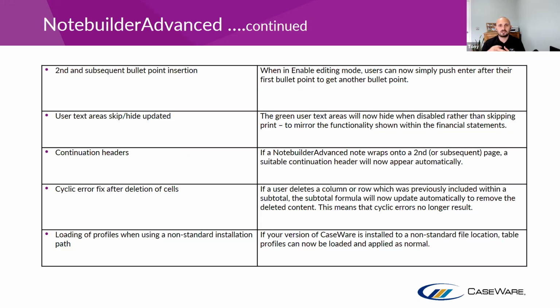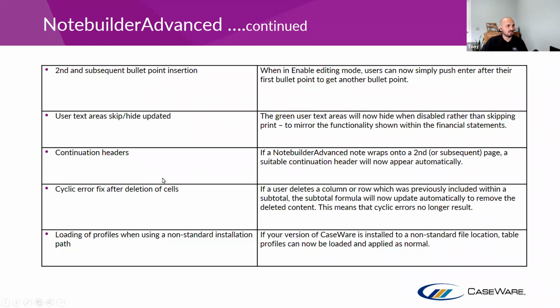And what we've done is updated the tech and how the calculations work, so they automatically update references so the subtotals can't get stuck in a cyclic calculation. That was an error that popped up previously on examples like the tangible fixed asset profile that's on there, and other areas as well. But again, that's fixed, and that will make it a little bit easier to set up in future.